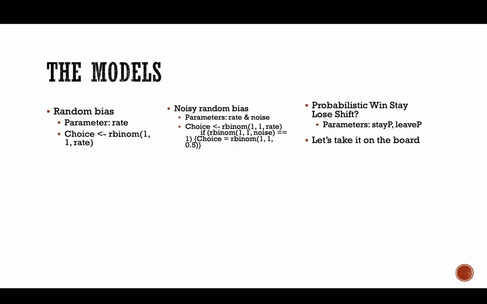For the loss state, we have something similar, right? We have a 0 when we want the leave probability not to matter for our choice because we haven't lost. If we lost, then we want an absolute value different from 0. If we played right and we lost, we want to shift.